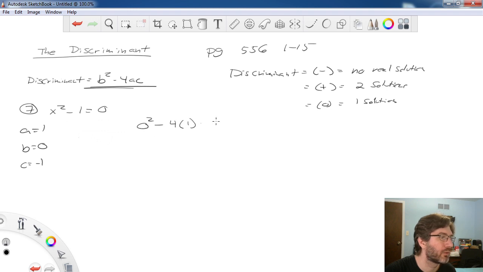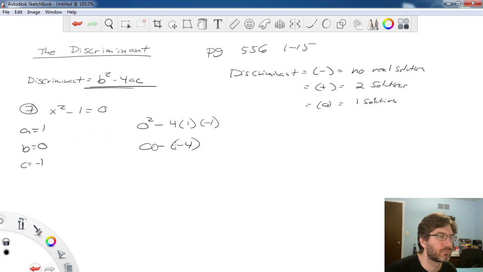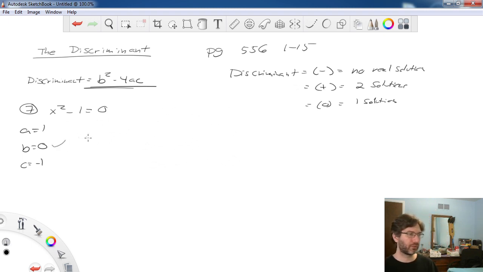Yeah, 1 times negative 1, which is going to make this 0 minus negative 4, which is the same thing as 0 plus 4, which equals 4, and therefore it is positive, and therefore you have 2 solutions. But yeah, it was probably because of the hidden b term that you might not have gotten that.